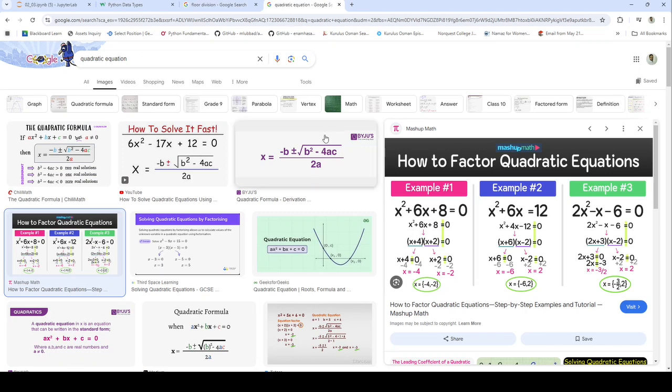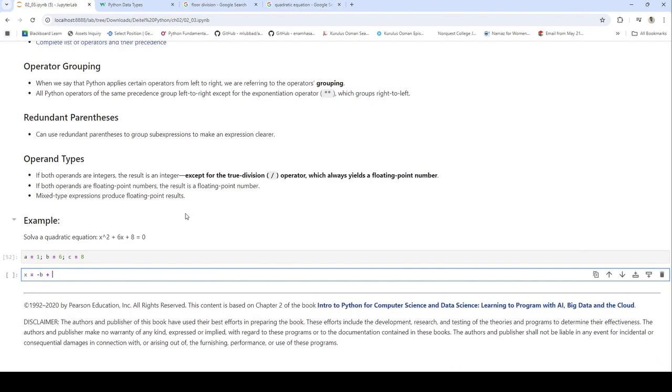So it looks like this, b squared minus 4ac. So I'm going to say b squared minus 4 times a times c, and I'm going to raise all this to the power of half. This will give me the square root of this term. And everything is divided by 2 times a.